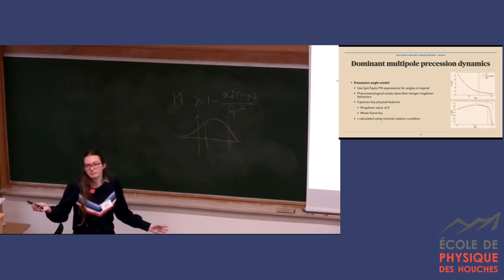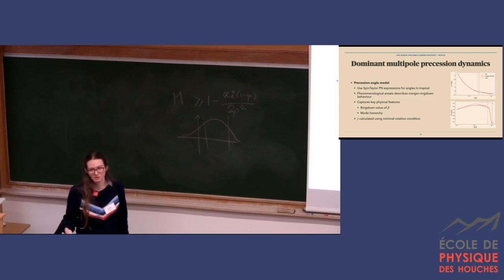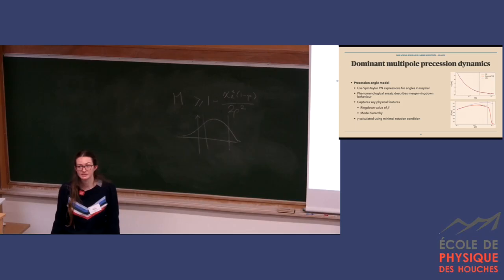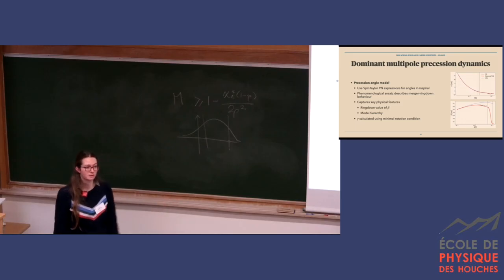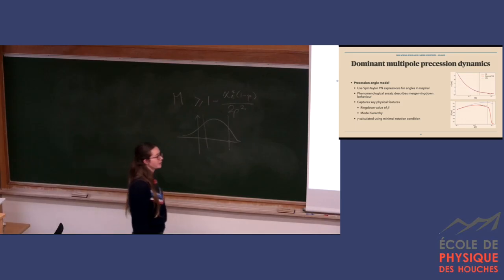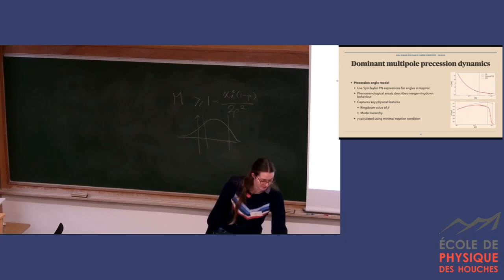And they shouldn't, because post-Newtonian theory doesn't describe merger and ring down. But essentially, you can't describe this analytically. We don't know a way to do it. And so you have to use these phenomenological descriptions and understand, what does that tell me about my precessing system? What have I learned about the physics of these systems from the fact that this is what the various components look like when I look at my numerical data.